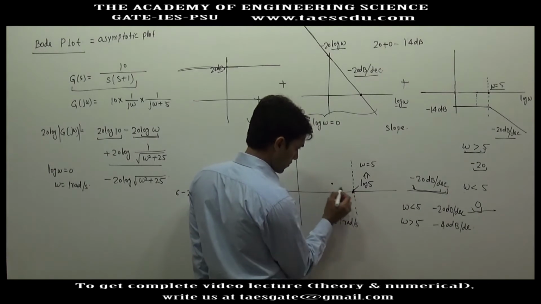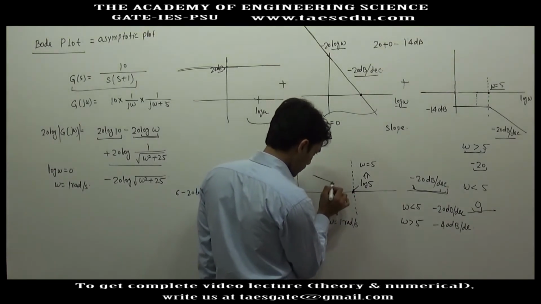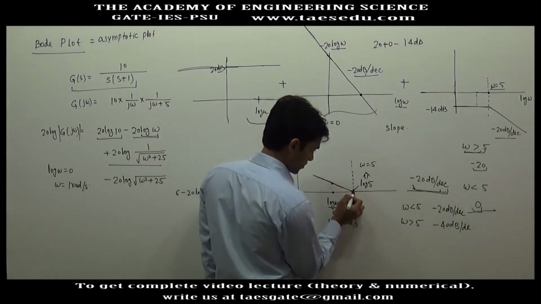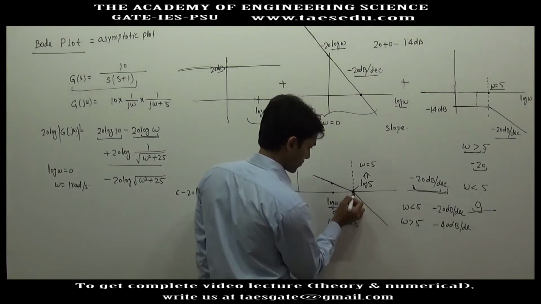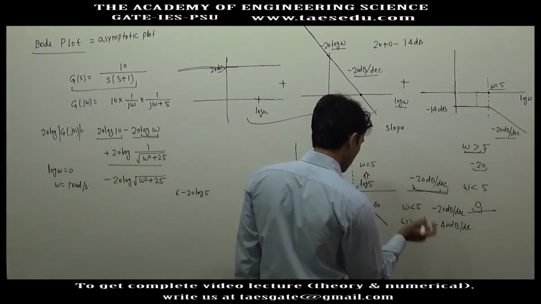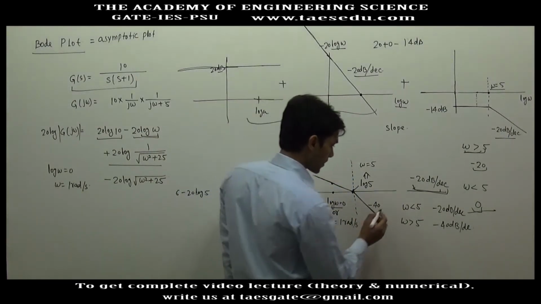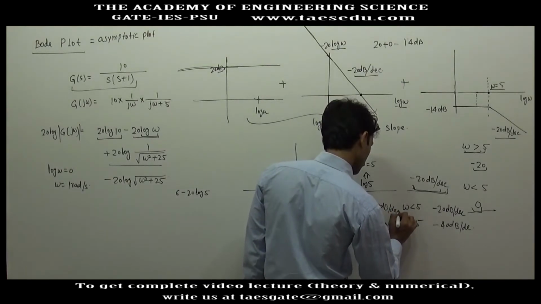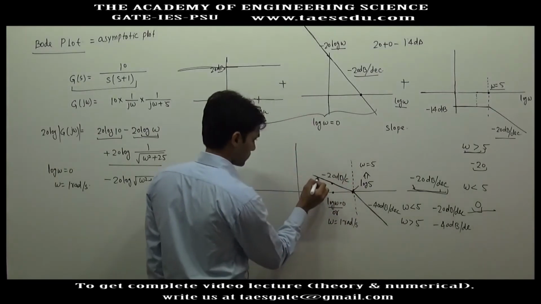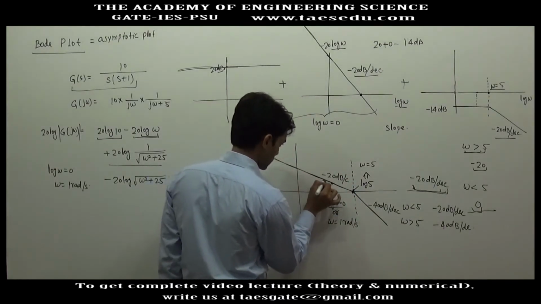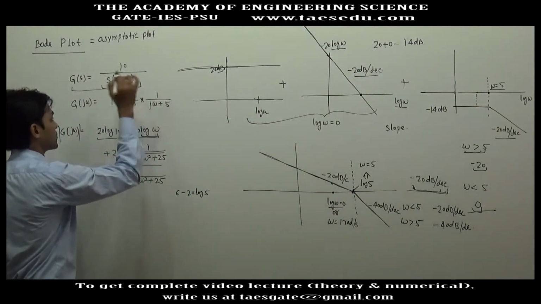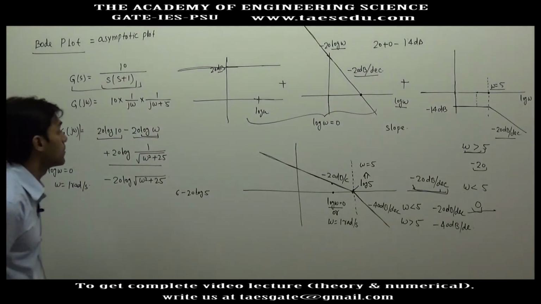Before log omega equal to 5, you will get a slope of minus 20 dB per decade, and after log omega equal to 5, you have a slope of minus 40 dB per decade. This is an increased value of slope, increased in the sense of magnitude. So we have drawn the Bode plot for this transfer function. This is the Bode magnitude plot.